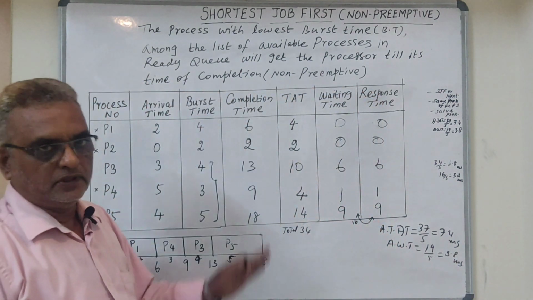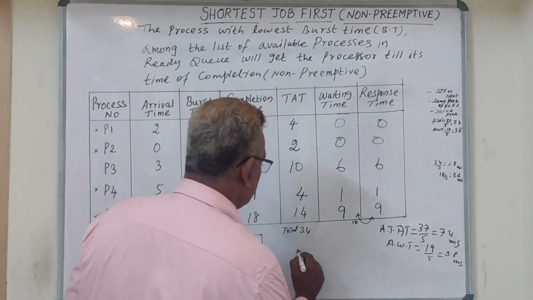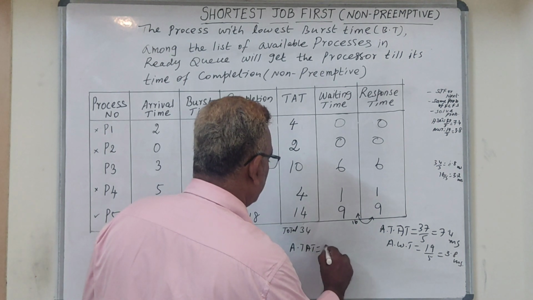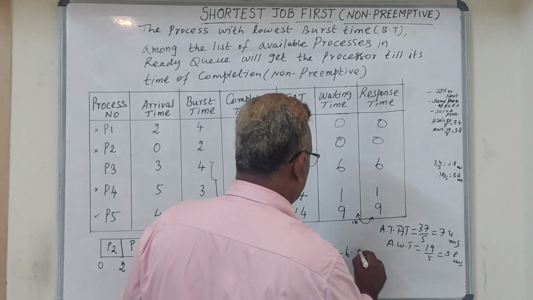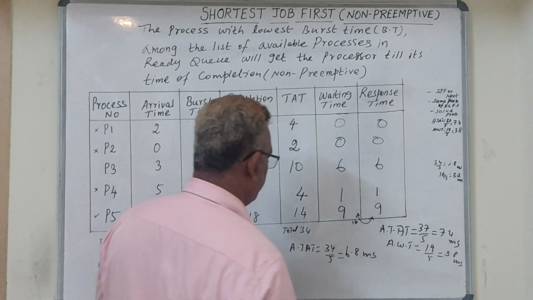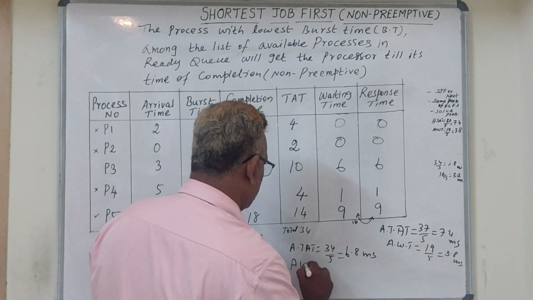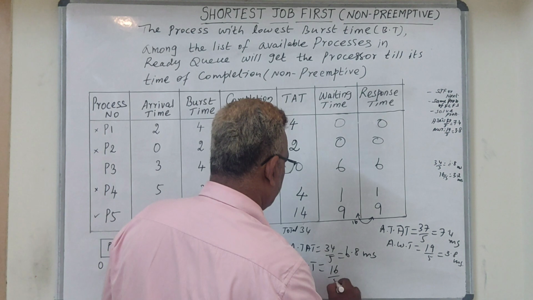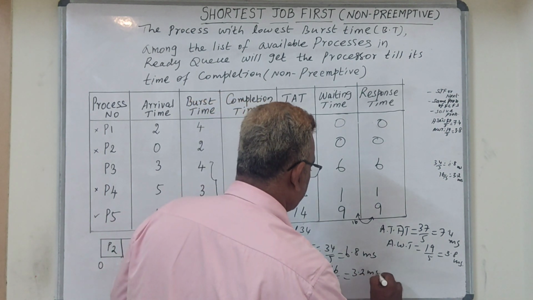But as far as this algorithm is concerned, the total turnaround time is 34. So the average turnaround time is 34 divided by 5, it is 6.8 milliseconds. And similarly the average waiting time is 16 by 5, which is equal to 3.2 milliseconds.